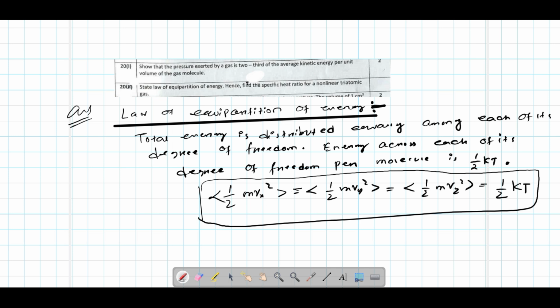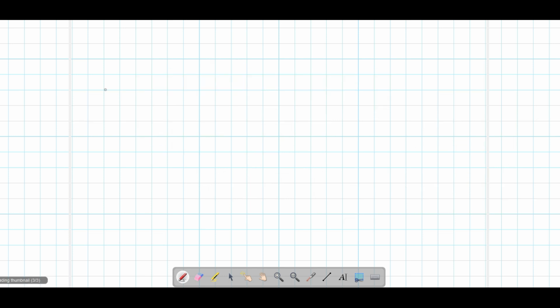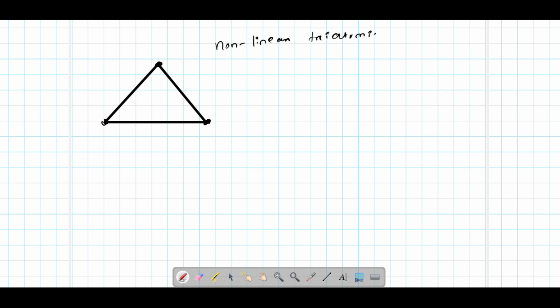Find the specific heat ratio for a non-linear triatomic gas. For a non-linear triatomic gas, degrees of freedom equals how much?